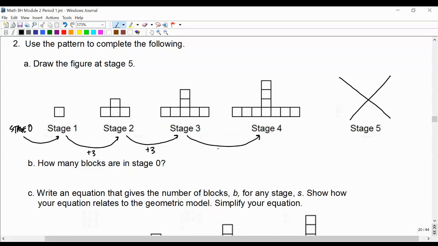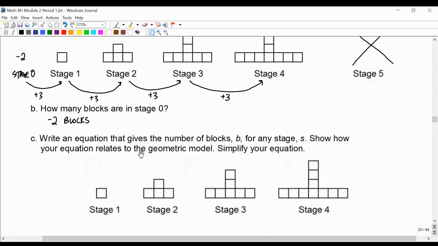Then we're adding 3 more blocks. And that would mean I need a number here that when I add 3, I get to 1. And the answer is -2. I'm not sure how to draw that. You could draw 2 shaded algebra tiles, but it really doesn't matter. There's -2 blocks, whatever it looks like, and that's going to be very important for me to build my equation.